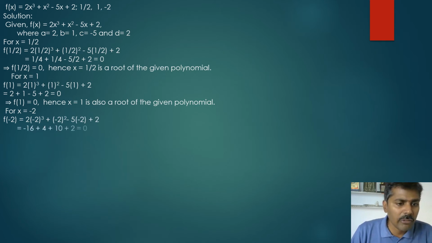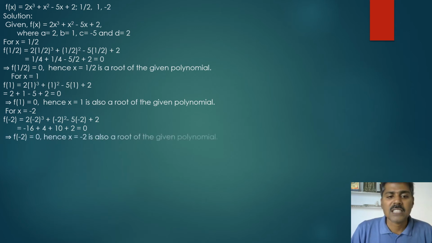Here I have to carefully expand with the negative symbols. I will get the result 0 again. Hence we can say that f of minus 2 equal to 0, so x equal to minus 2 is also a root of the given polynomial. This is the verification whether these are the zeros of that polynomial or not. Now we have verified all three are zeros of the polynomial.